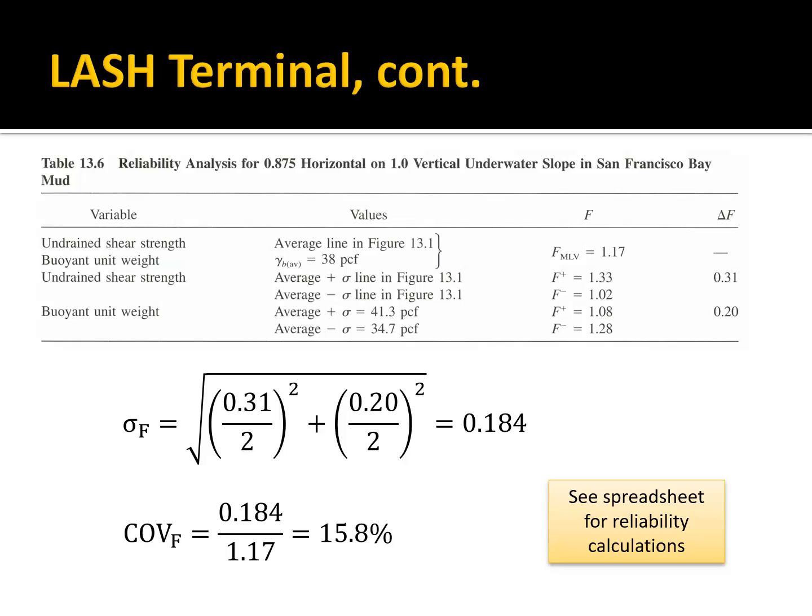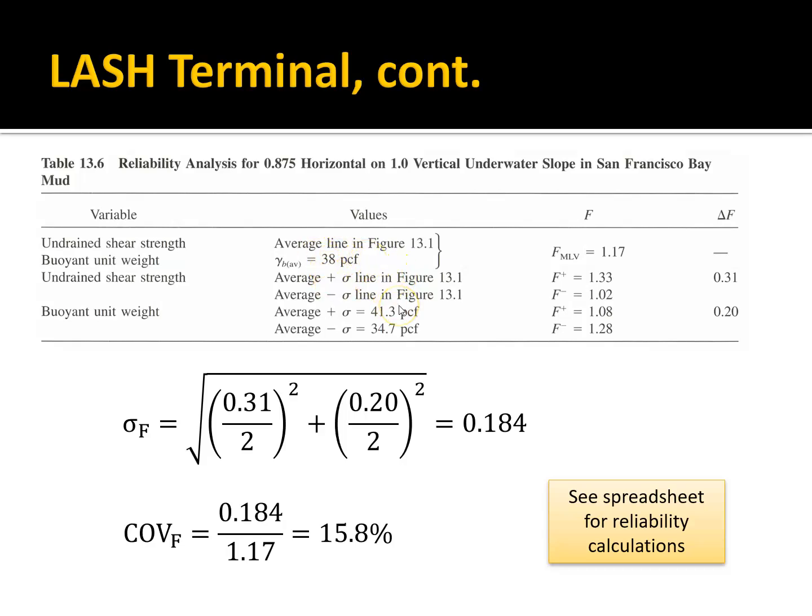But anyway, here's the undrained shear strength and the buoyant unit weight. This is how they came up with the spread or the uncertainty.